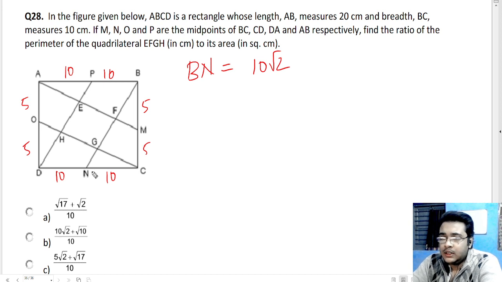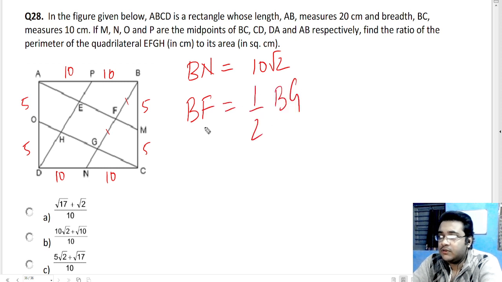BGC is an isosceles right angle triangle, so 90, 45, 45 we will take. Now remember that these lengths BF and GC are going to be equal. How much, I don't know. And BF is half of BG. Now we will use this idea. BF is equal to half of BG. This comes from the same idea of the basic proportionality theorem.